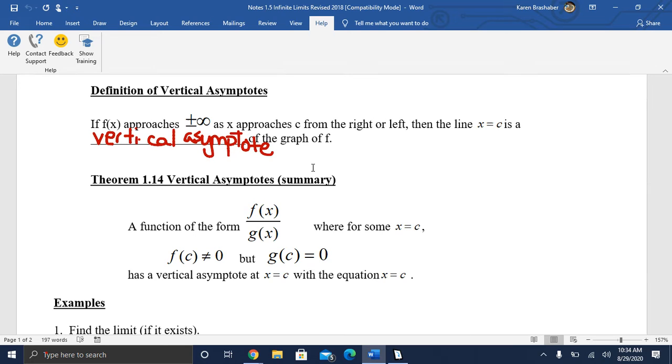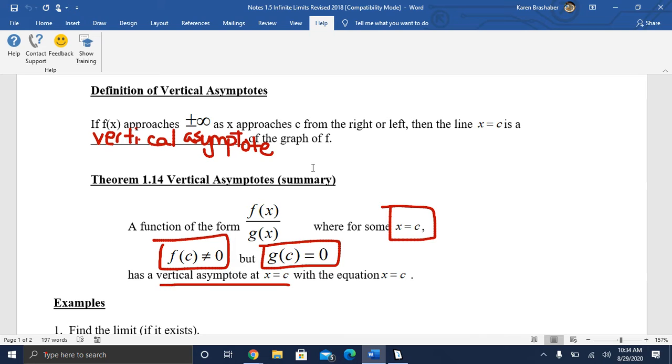All right, so then your summary theorem would be that a function of the form f of x over g of x, where for some x value f of c does not equal 0, but g of c, your denominator, does equal 0, then that function has a vertical asymptote at x equals c, and its equation is the vertical line x equals c.